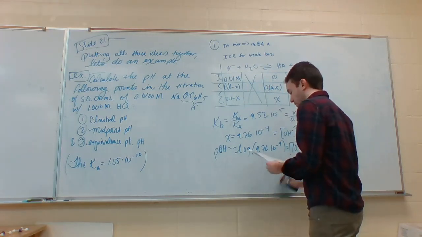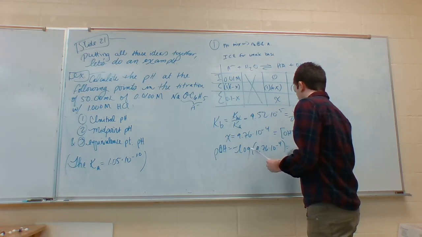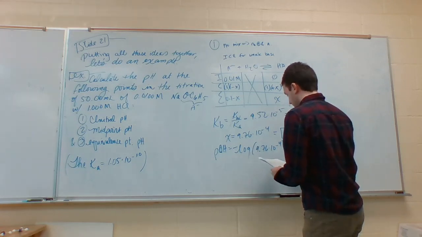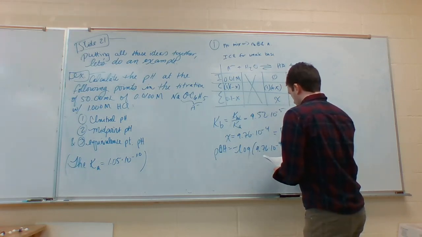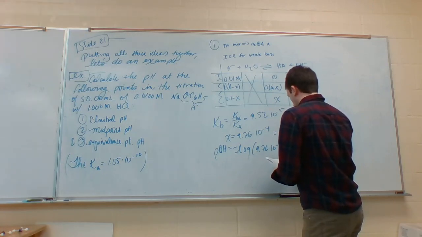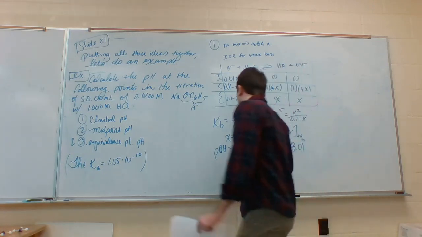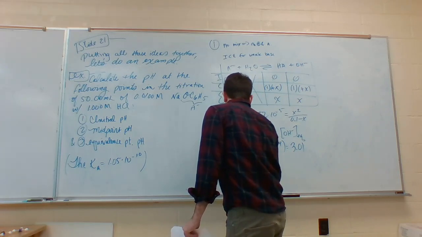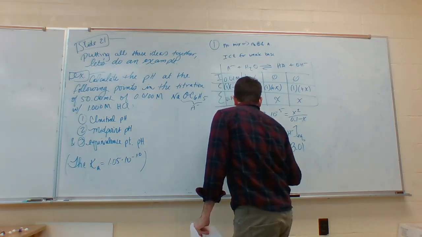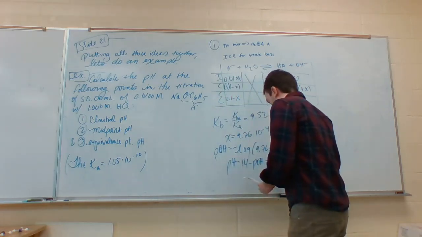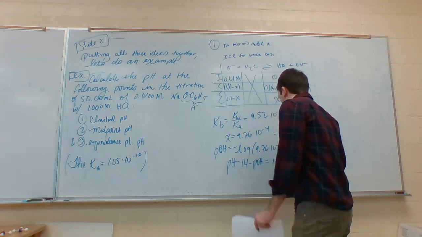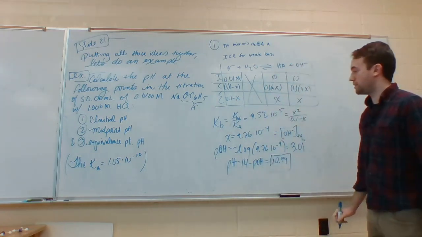So that would be, I'm sorry, no. Of course it's not that high, we're dealing with a base. So our pOH would equal 3.01. And if we say that our pH is equal to 14 minus our pOH, then that would give us a pH of 10.99, which is appropriate for a base.